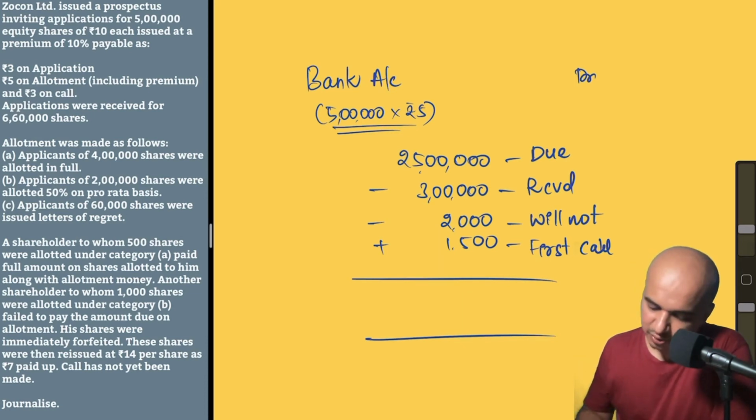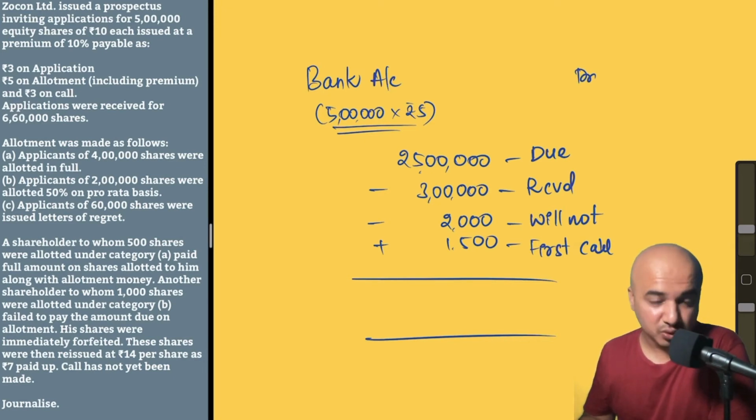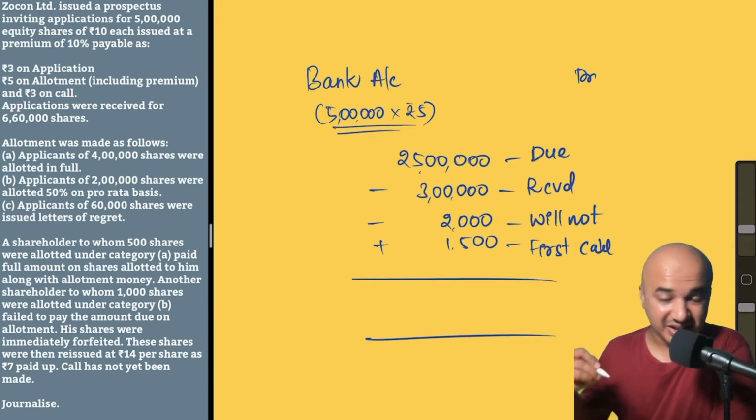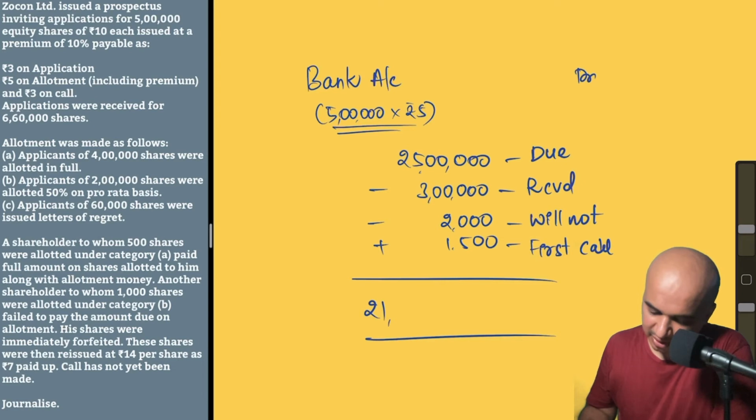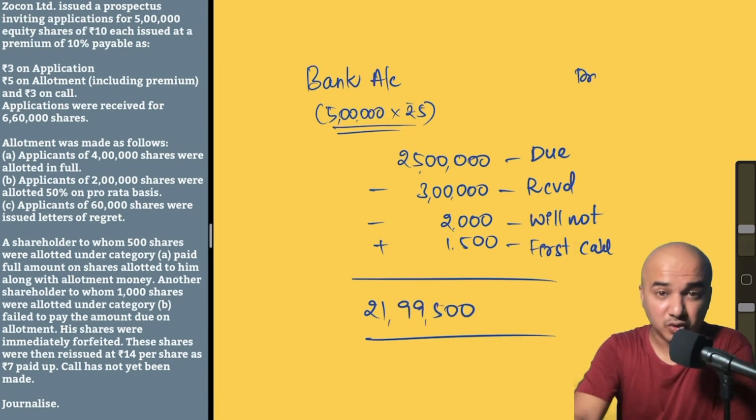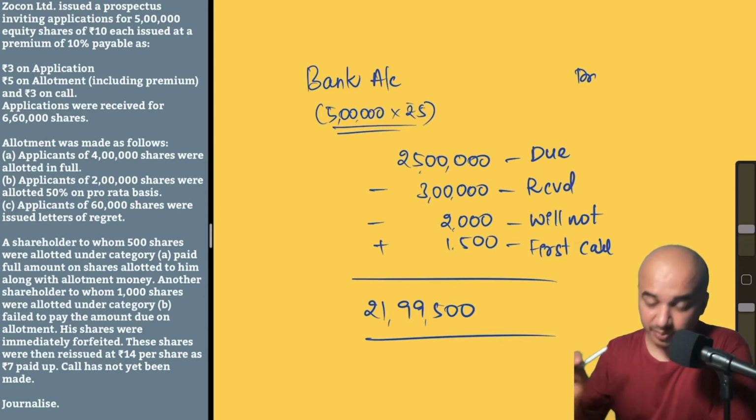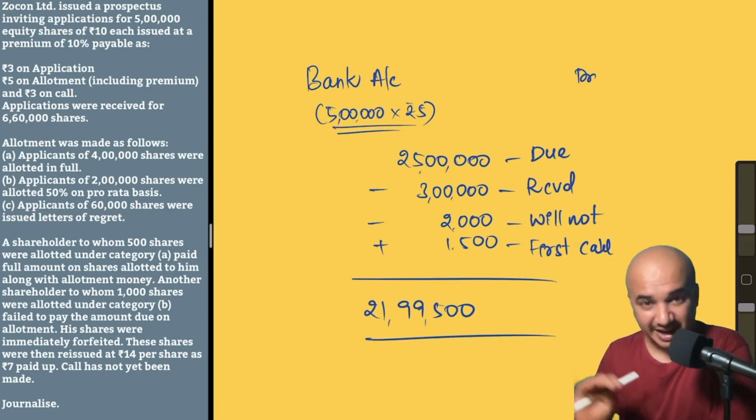stage. So 25 lakhs minus 3 lakhs will be 22 lakhs. 22 lakhs minus 2000 will be 21 lakhs 98,000. 21 lakhs 98,000 plus 1500 will be 21 lakhs 99,500. This is the amount which we have actually received from the shareholders in total.